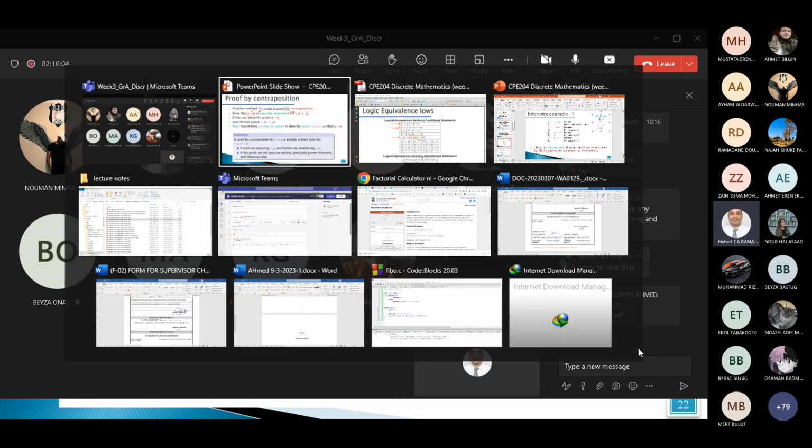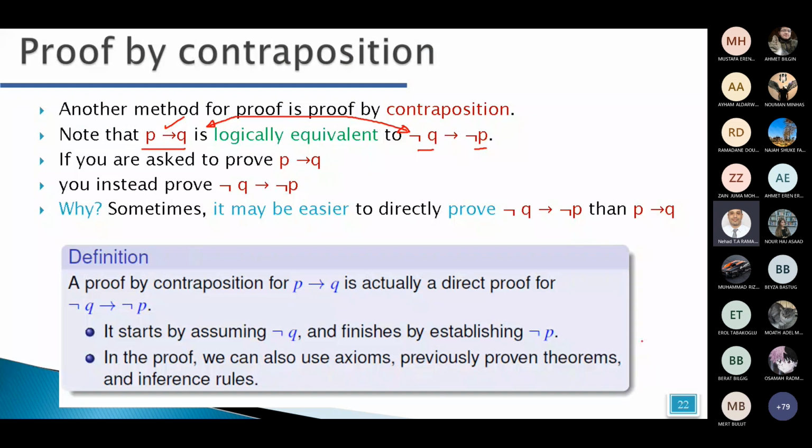Okay. Proof by contraposition. We know that P implies Q is logically equivalent to not Q implies not P. So if you prove not Q implies not P, then this means P implies Q. It's correct.